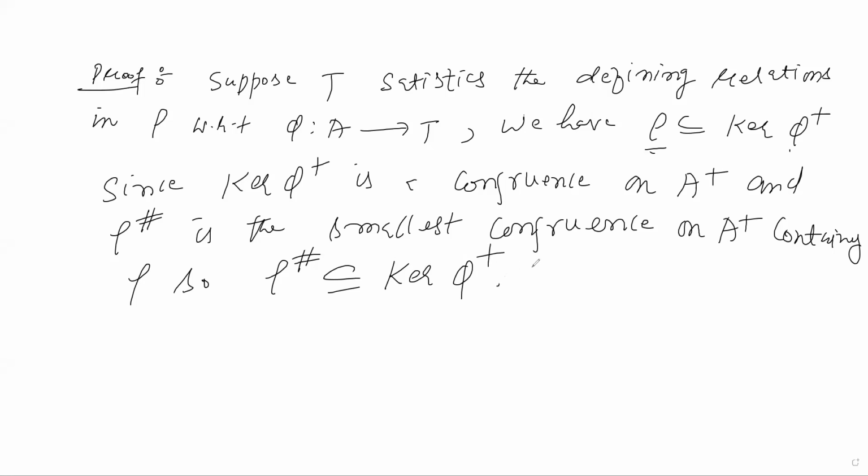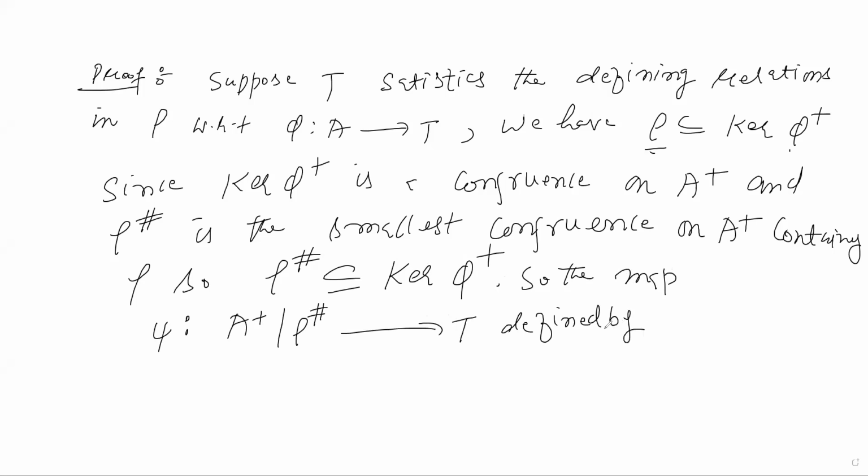So the map psi from A plus over rho sharp to T, defined by u rho sharp psi equal to u phi plus, is a well defined homomorphism and is clearly surjective.